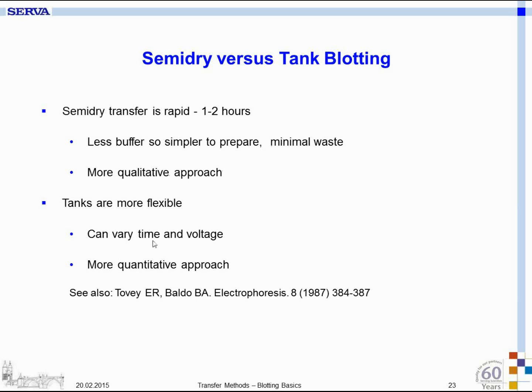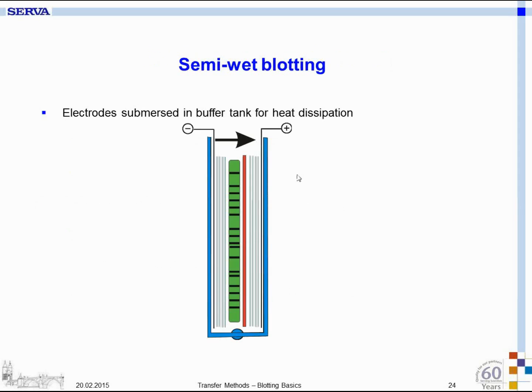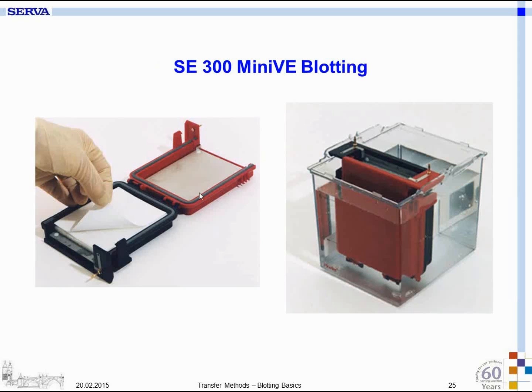Tanks are more flexible. You can vary the time and the voltage. You can cool them. And what people have seen is a more quantitative approach, so more efficient transfer. You can choose. Here is again the semi-dry blotting setup shown. And here is a real system for this.